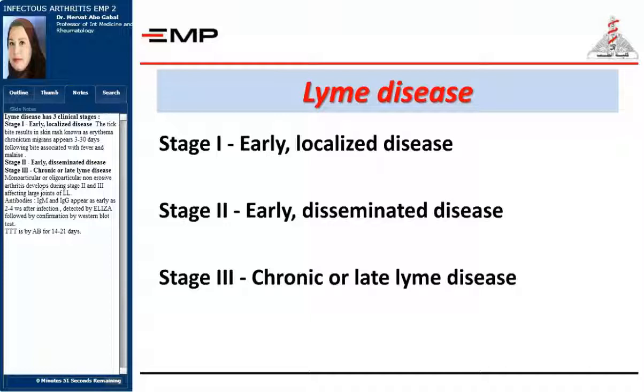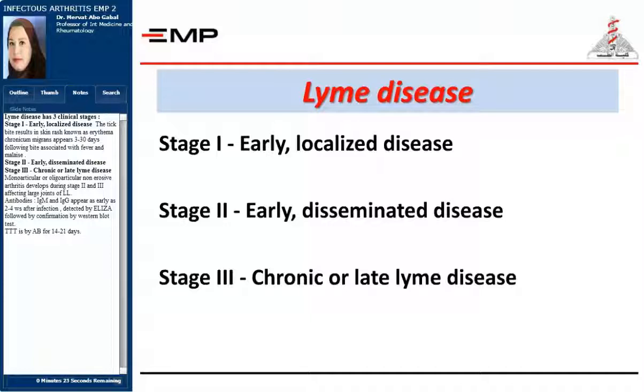Stage 2 is the early disseminated disease. Stage 3 is chronic or late Lyme disease. Monoarticular or oligoarticular non-erosive arthritis develops during stages 2 and 3, affecting large joints of the lower limb. Antibodies IgG and IgM appear as early as 2 to 4 weeks after infection, detected by ELISA, followed by confirmation by Western blot test.